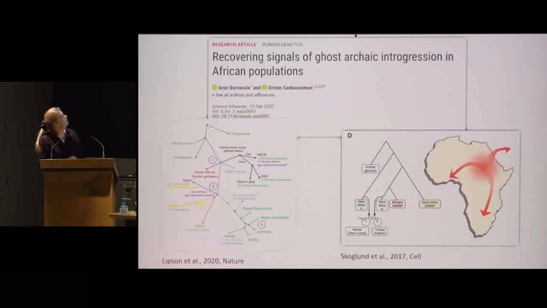For instance, Sriram, that's also here at the conference, his group is investigating this archaic introgression, this archaic admixture in African populations. Recently, some of the ancient DNA studies that were published from Africa also, when they built models, needed to incorporate this possible archaic admixture to be able to make their models work.